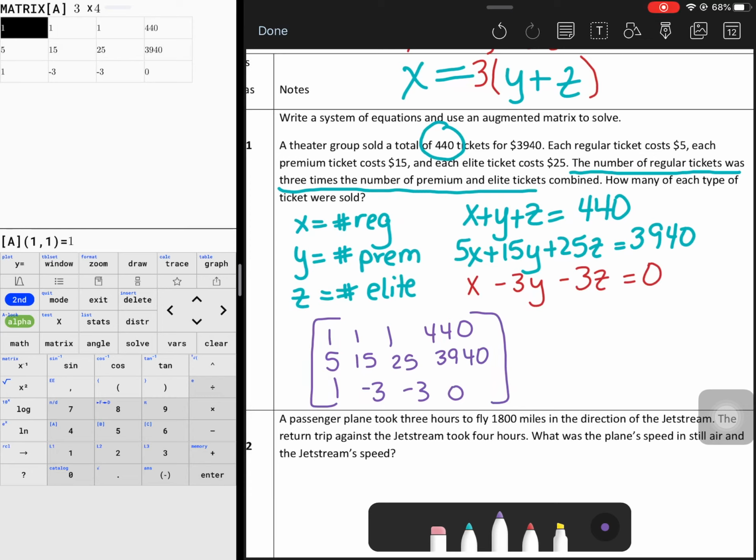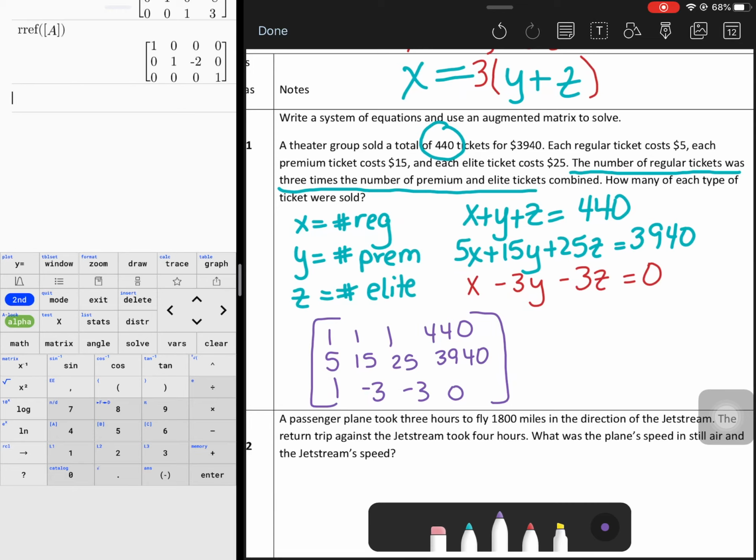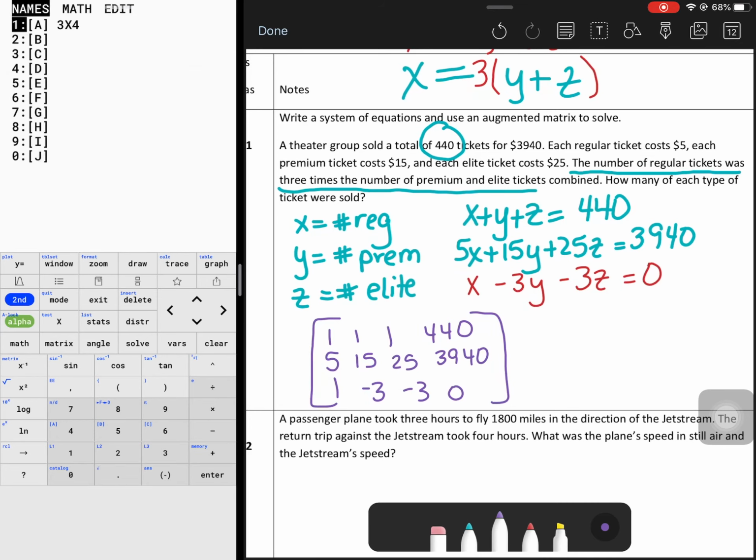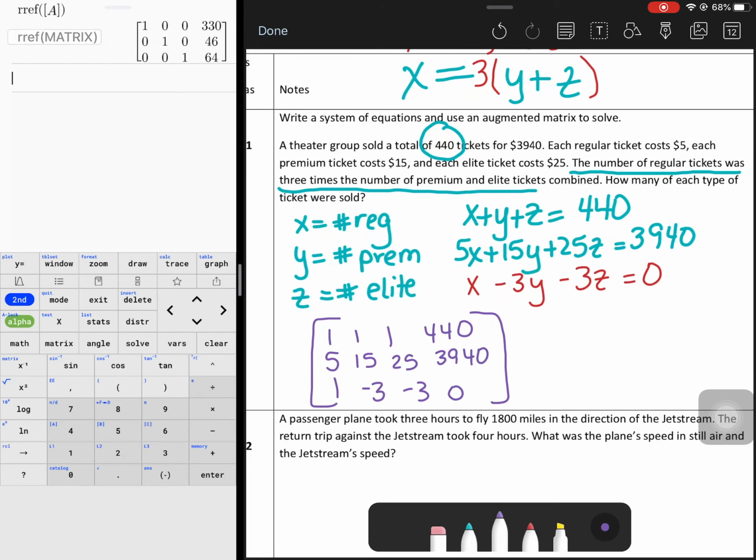Then, if you remember, you press the second function blue key and the quit button, which is right beside it. Press matrix, arrow 1 to the right where it says math, and then arrow to the row reduced echelon form number 9 and press enter. Then press matrix and then press enter because it's on the name, and then press enter again and it will have solved it for us.